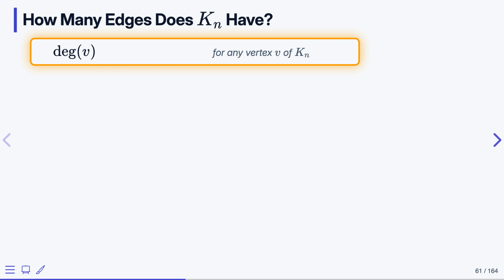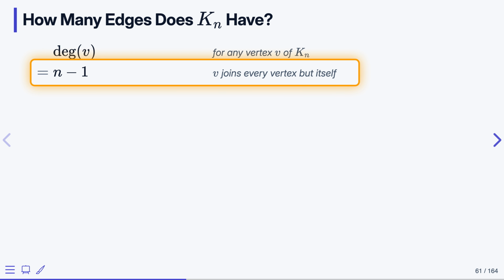Let's count the edges of Kn using the handshaking theorem. Line 1. Pick any vertex v of Kn and ask for its degree. Step 1. In a complete graph, v is joined to every other vertex. There are n vertices in all, and v is not joined to itself, so its degree is n-1.